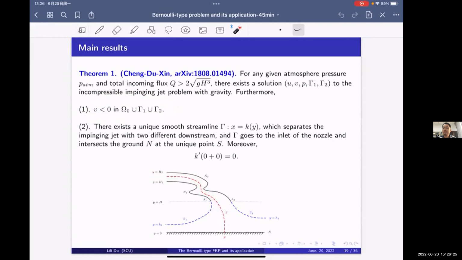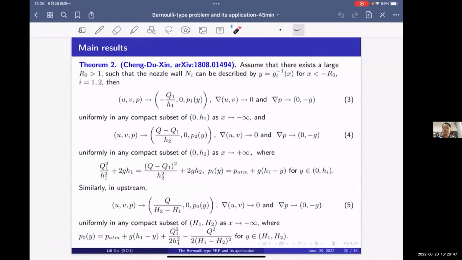Γ goes to the inlet of the nozzle and intersects the ground at some unique point S. Moreover, the interface Γ is perpendicular to the ground.